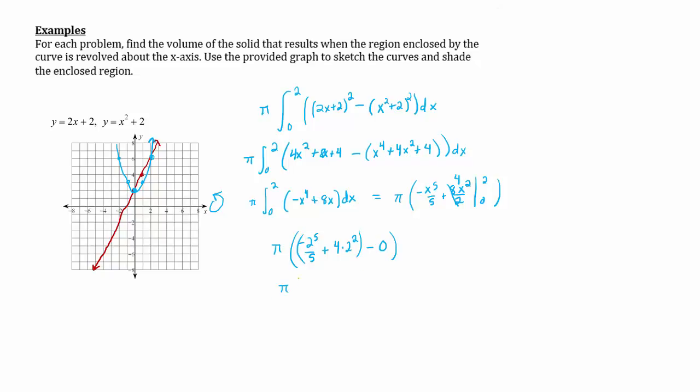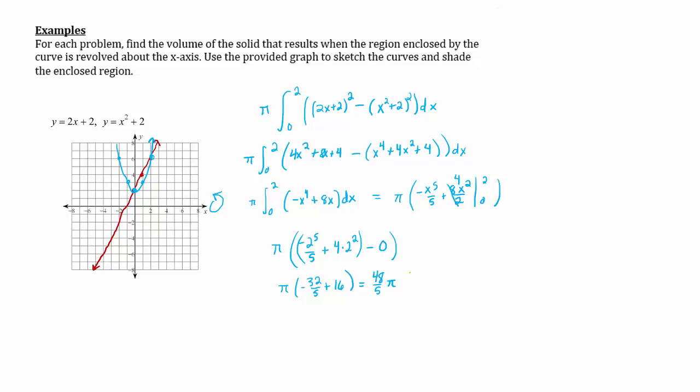So all we got to do is figure out what this is. Negative 2 to the 5th is negative 32 over 5. And then 4 times 4 is 16. So negative 32 fifths plus 16, assuming my paper over here is right, is 48 fifths pi. And so that is the volume of that problem.